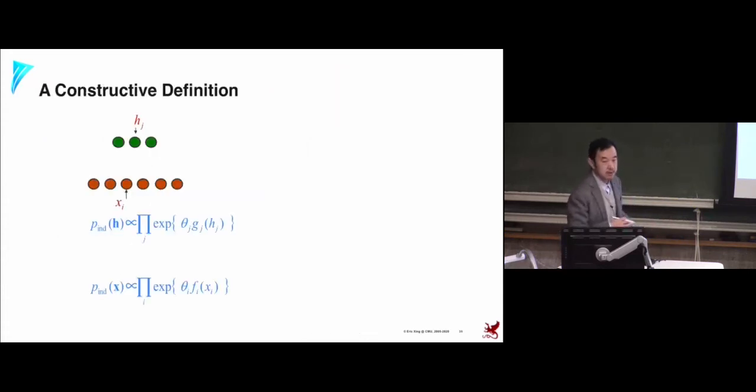So let's use what I just discussed to come up with a constructive definition of the RBM model. As I said, we have the hidden layer, we have the visible layer, and the hidden layer now can basically be factored into a product of singleton conditional distributions. Therefore, all I want to define is basically a G function, or a potential function, on that particular singleton. And likewise, you can define singleton potential functions for the visible layer.